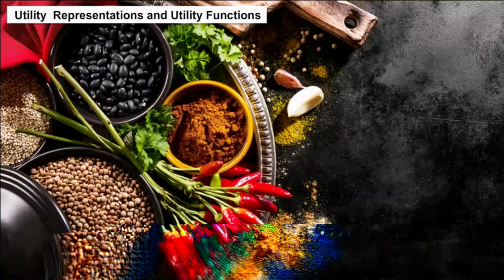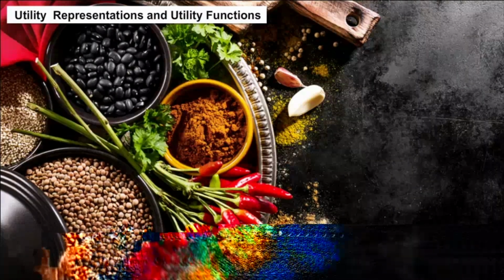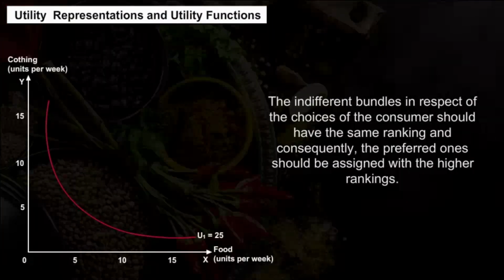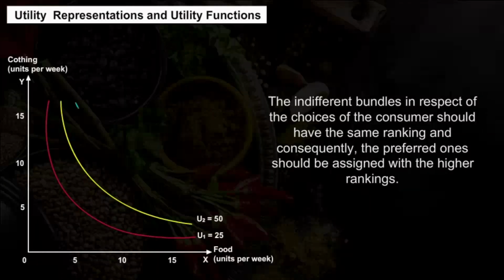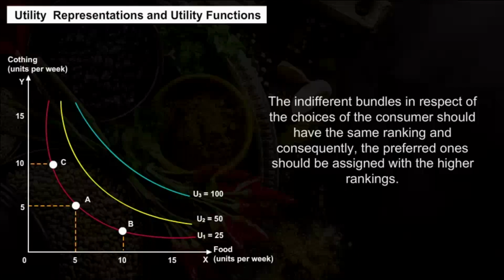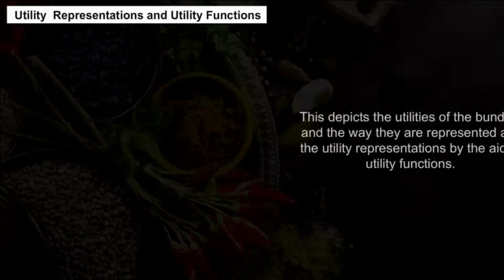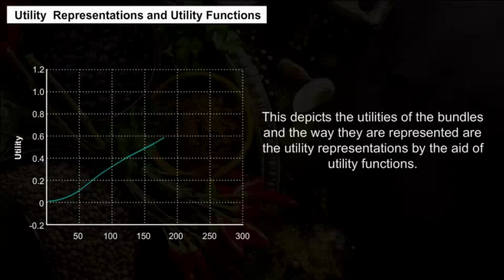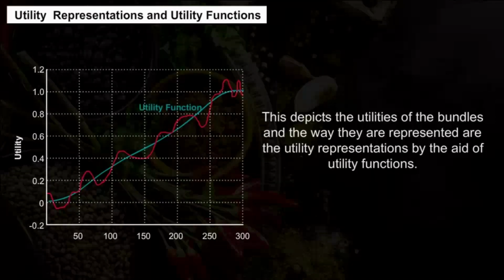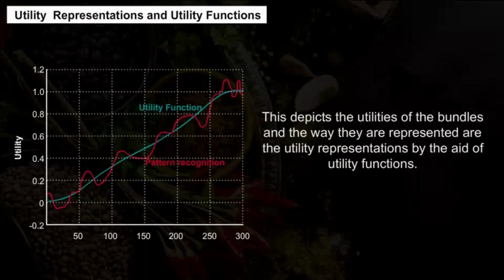Utility representations and utility functions. The indifferent bundles, with respect to the choices of the consumer, should have the same ranking, and consequently the preferred ones should be assigned higher rankings. This depicts the utilities of the bundles, and the way they are represented is called utility representation, by the aid of utility functions.